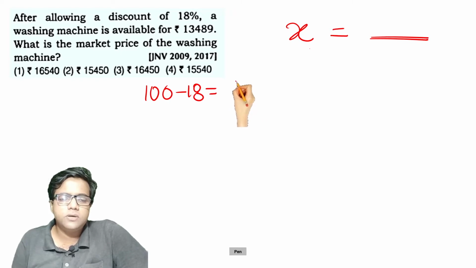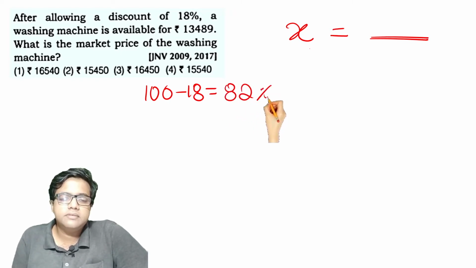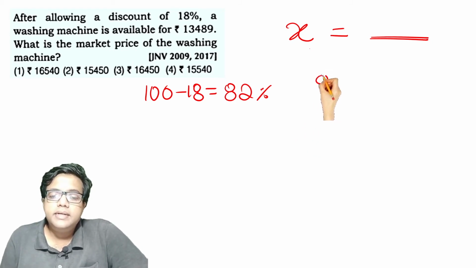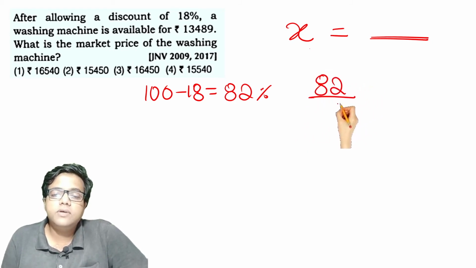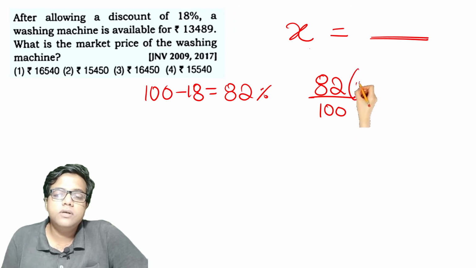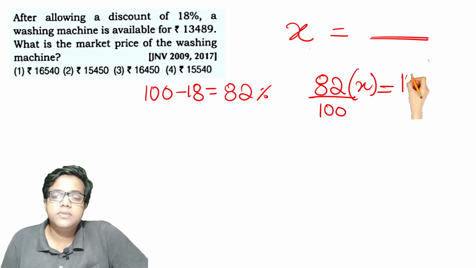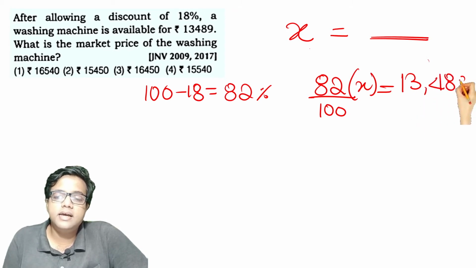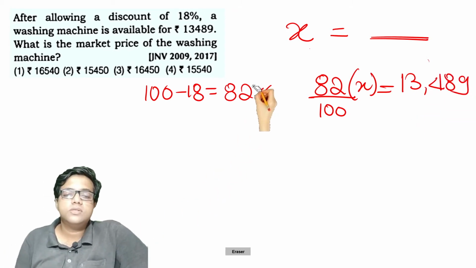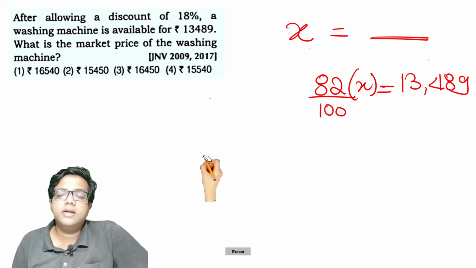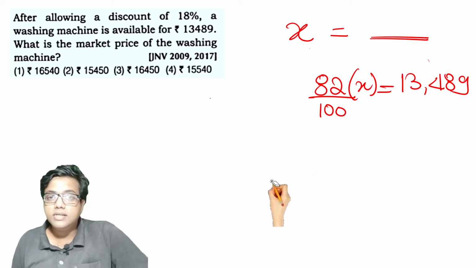No, 82. Sorry. 82%. So the left out amount is 82%. So 82% of X, the marked price, is equal to 13,489. You should understand this conceptually.